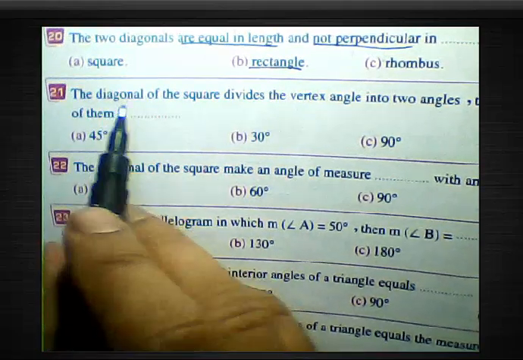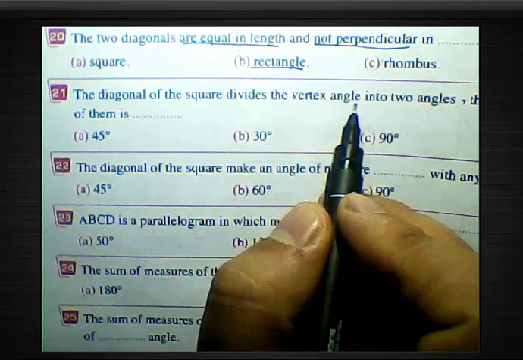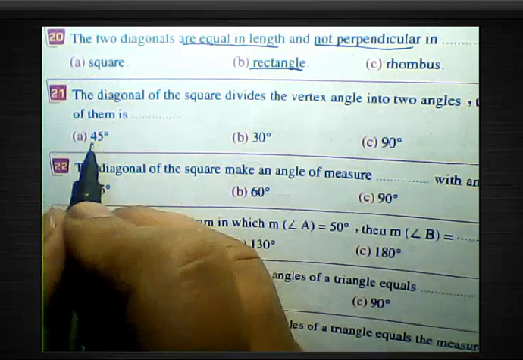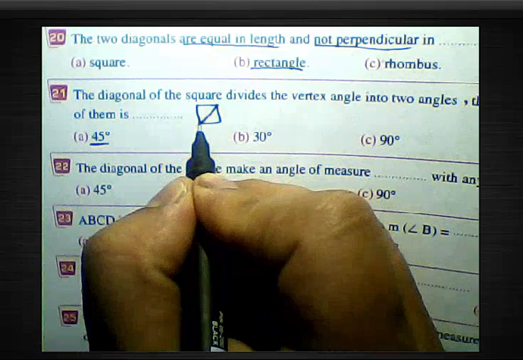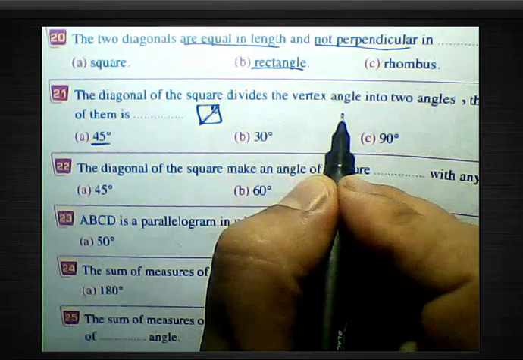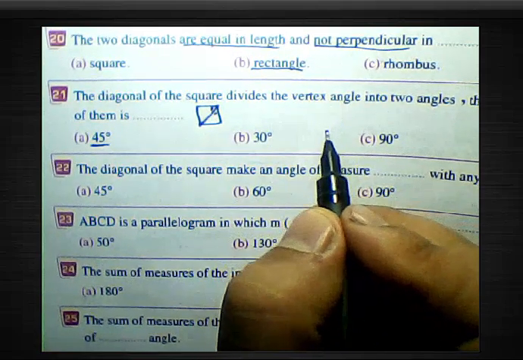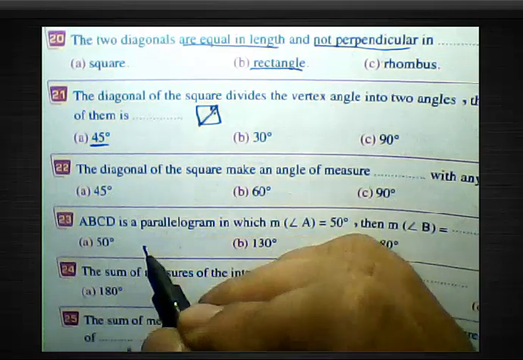The diagonal of the square divides the vertex angle into two equal angles. The measure of each of them equals 45 degrees.